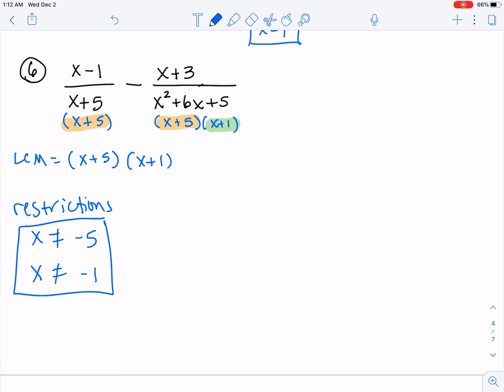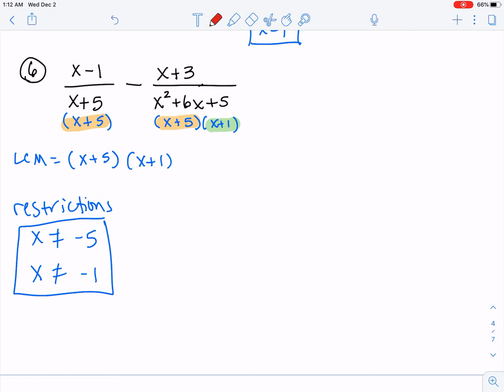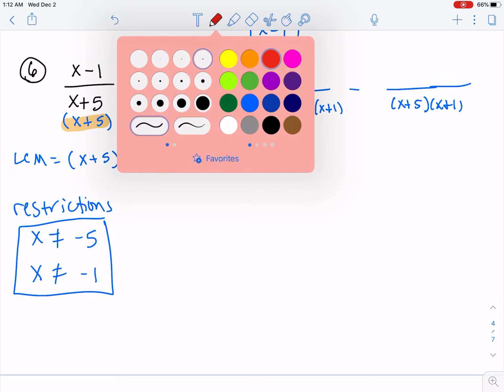All right, so let's figure out, let me grab that red color here. Actually, nope, I want the blue because I need to write it as my subtracting, and I have x plus 5, x plus 1, x plus 5, x plus 1. All right, got my denominators. Now I'm going to grab that red color.